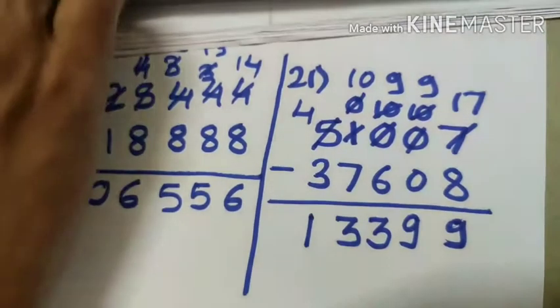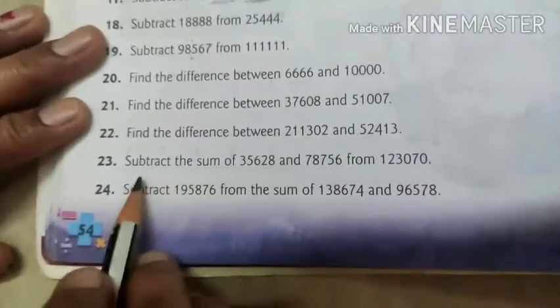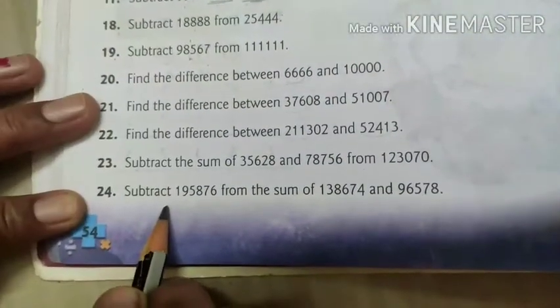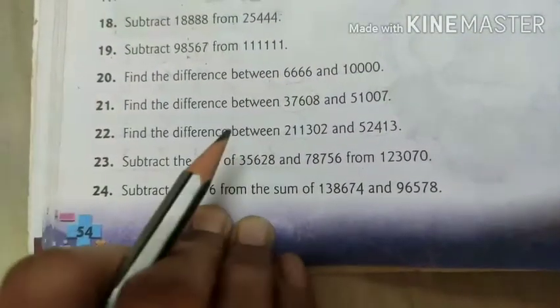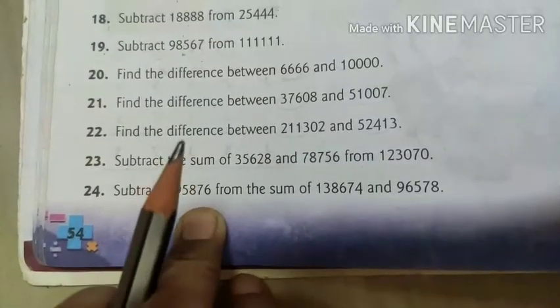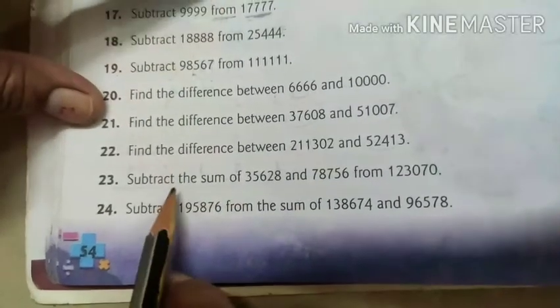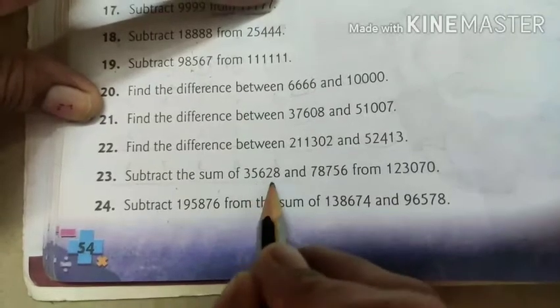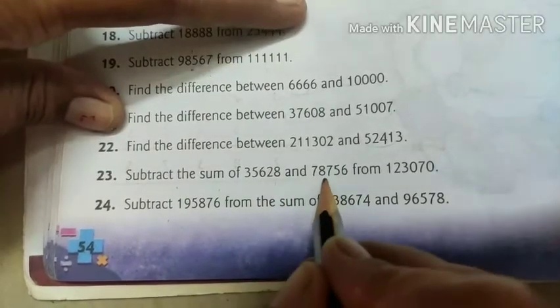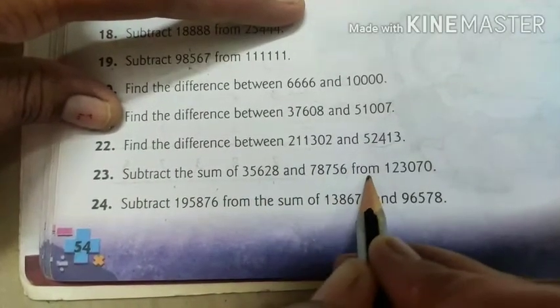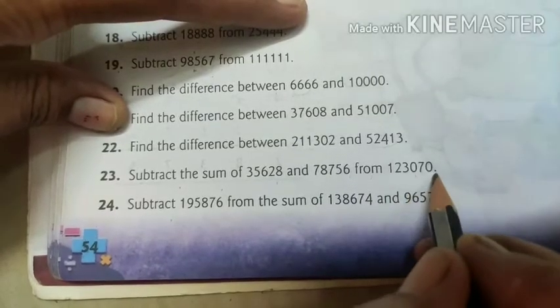See here. Now here also 23 and 24 questions are the same, but only the language of the question and arrangement of numbers is different. See, subtract the sum of 35,628 and 78,756 from 1,23,070.